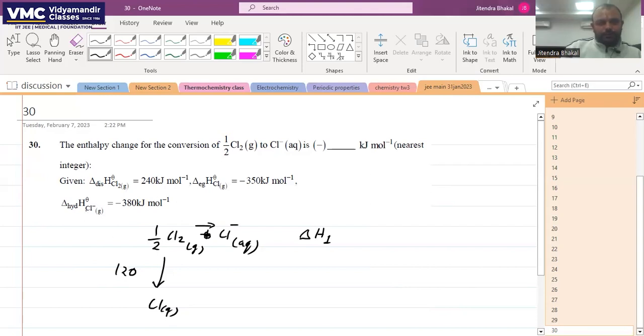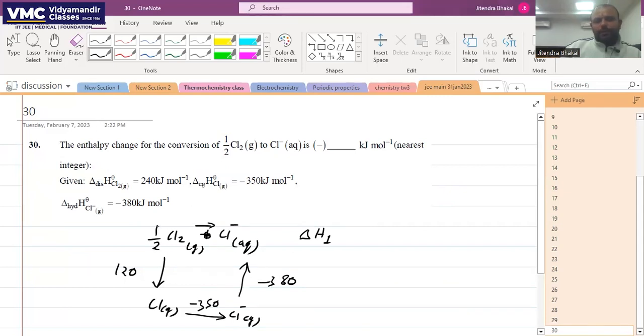The next is the electron gain enthalpy for Cl. Cl gas to Cl minus gas, the electron gain enthalpy is given, that is minus 350 kilojoule per mole, because energy is released. Now from Cl minus gaseous to aqueous, hydration will take place, and the hydration energy is minus 380. It is also an exothermic process, so we can use Hess law.